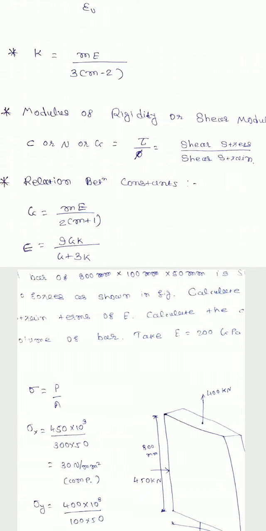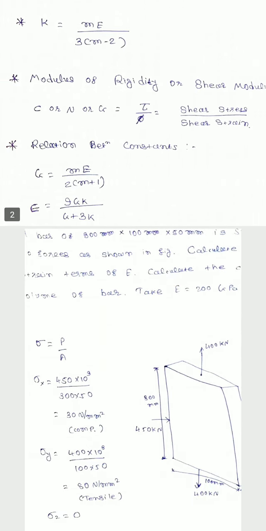Now we will start our numerical. A bar of 300 mm, 100 mm and 50 mm, this is the actual size, is as shown in the figure, and we have to calculate the volumetric strain and also calculate the change in volume of the bar.